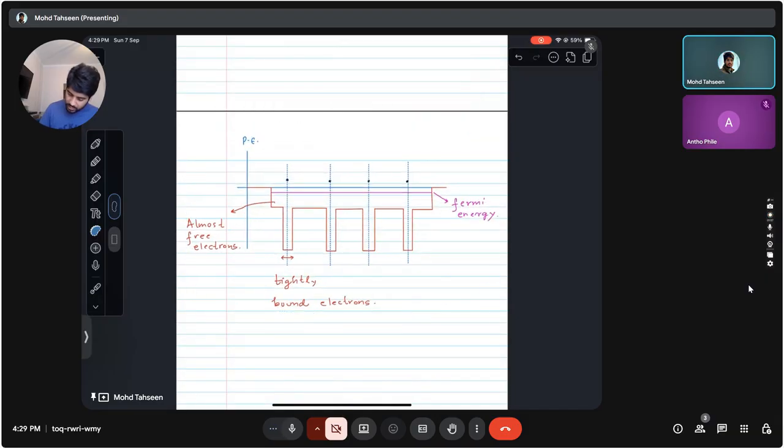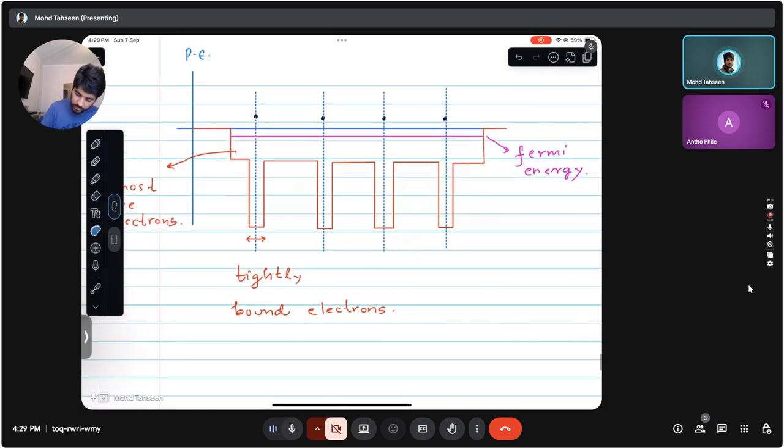Here the Fermi energy of this particular system is, if this is the Fermi energy shown in pink, this is the Fermi energy level, then the work function needed would be this much.